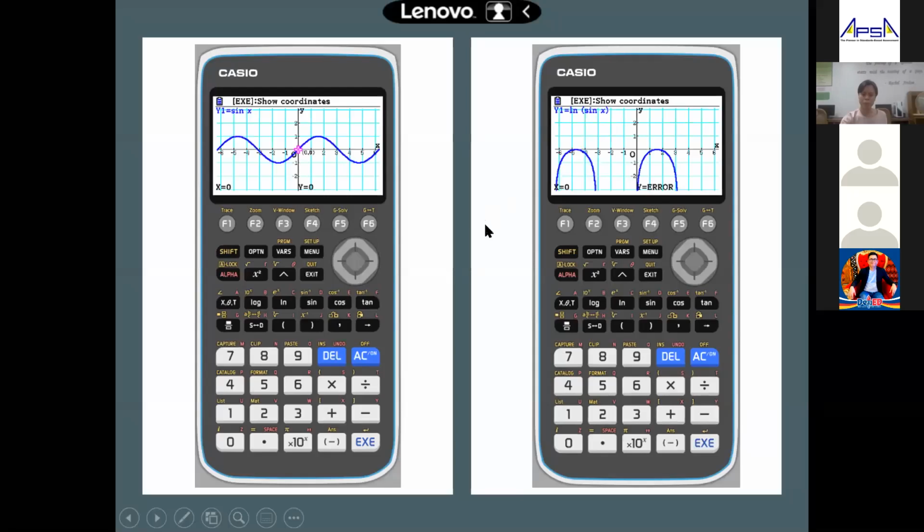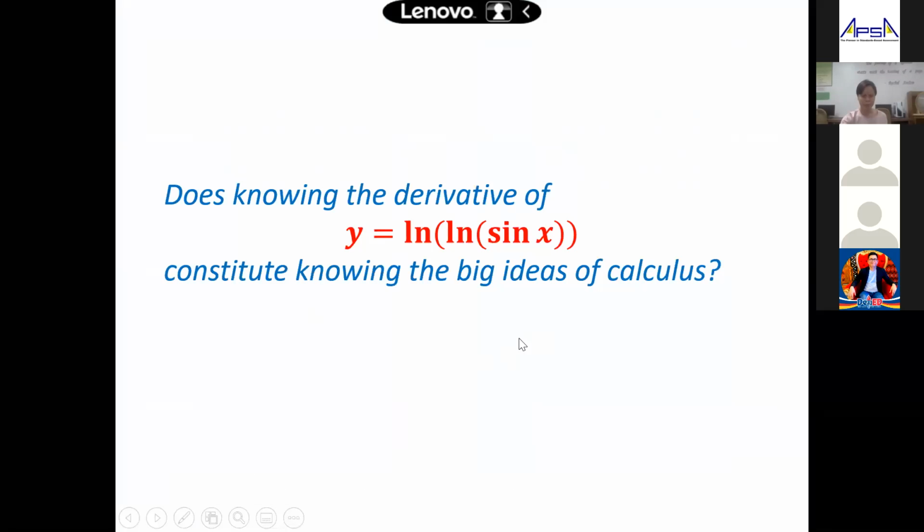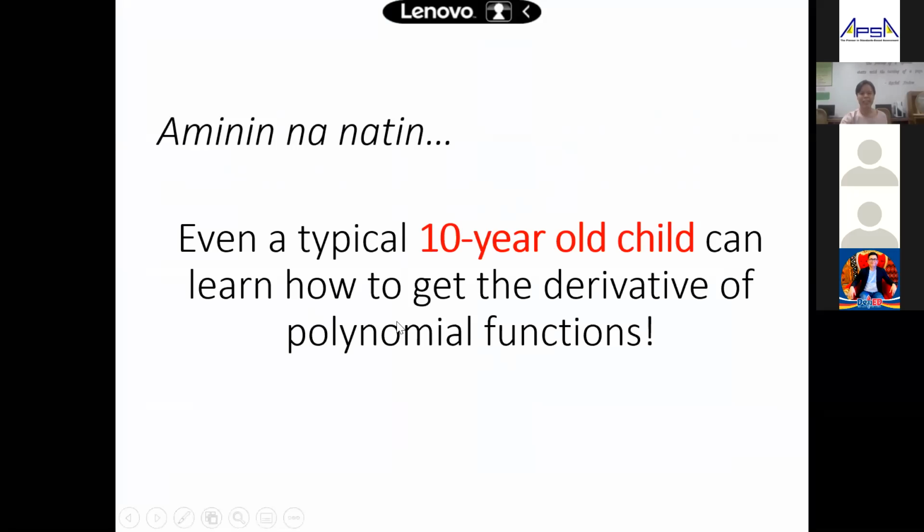So, enough of that. What I just wanted to show you was, even if you're very good in computation or you're very good in getting the derivative, it does not mean that what we know is meaningful. In fact, aminin na natin, okay, even a 10-year-old child, you can teach a grade 4 child how to get the derivative of polynomial functions.